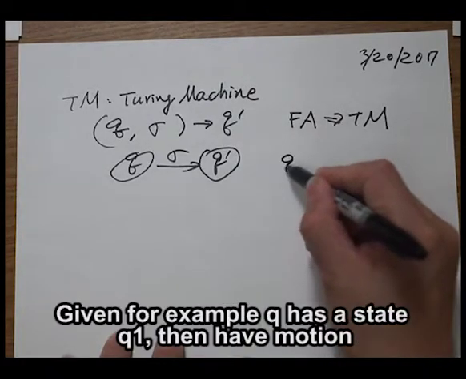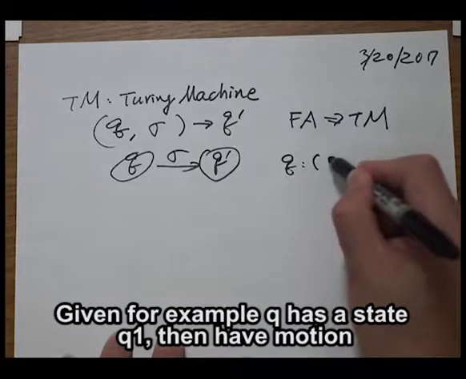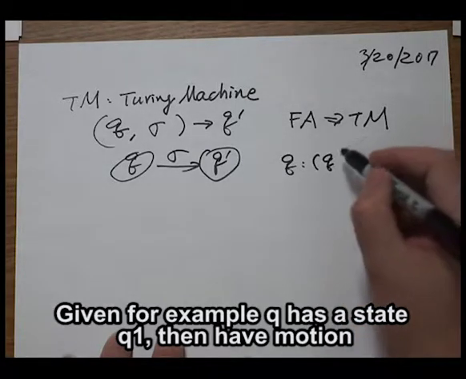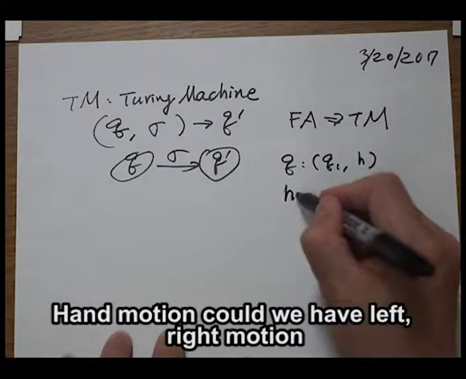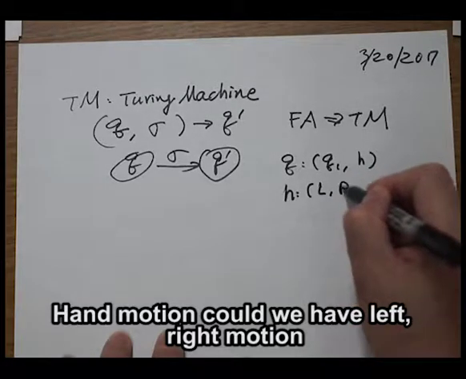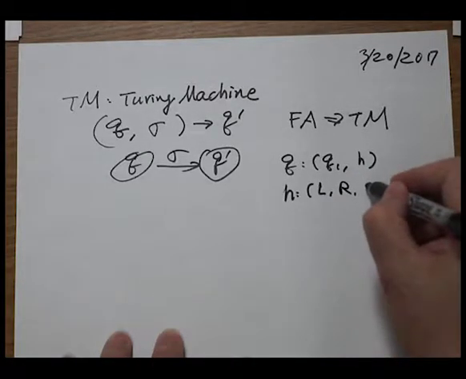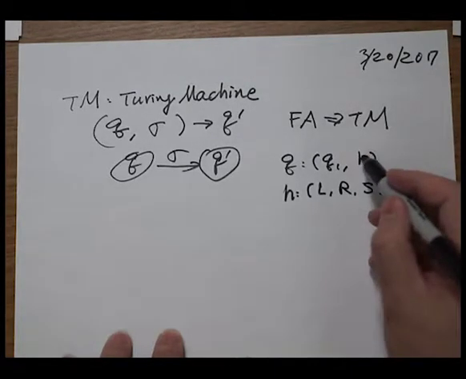Q has a state, and originally in a second example you have a Q1, then head motion. All right, head motion could be left, right motion, or stationary, don't move. And that's head motion.